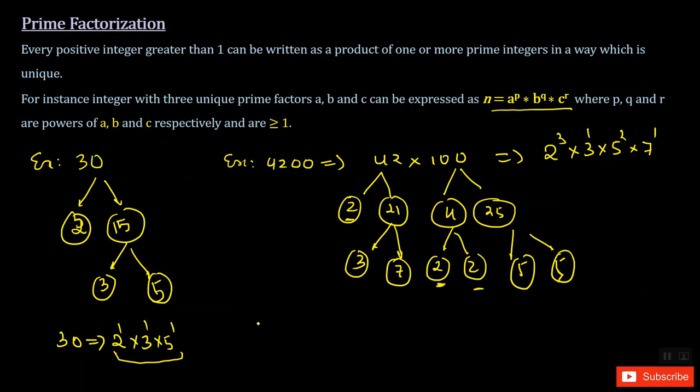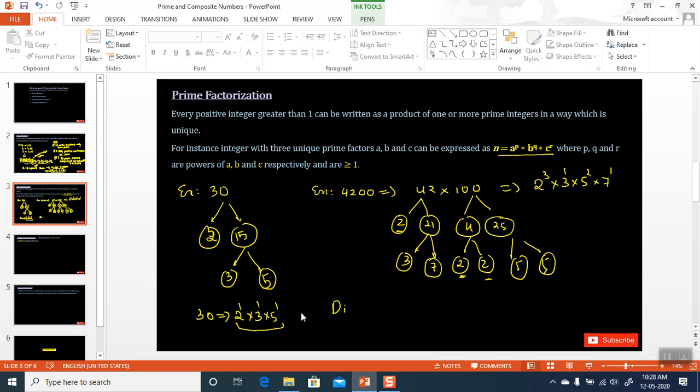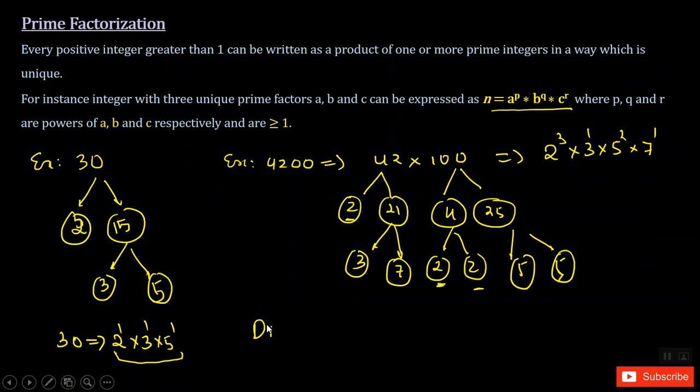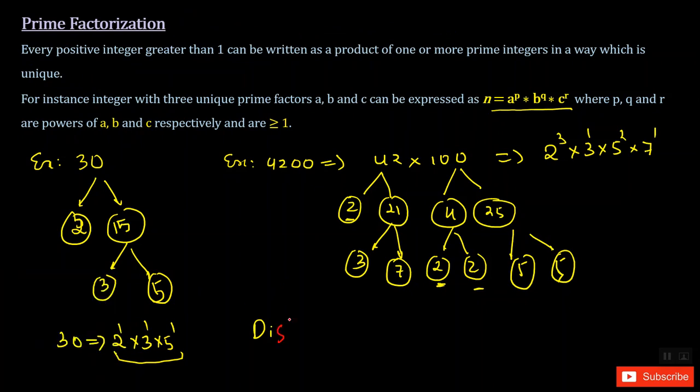Now if the question is asking you about distinct or different prime factors, which we can say are 2, 3, 5, 7.